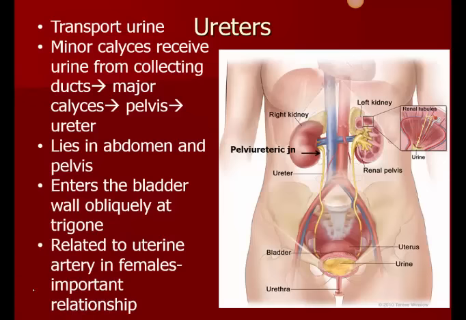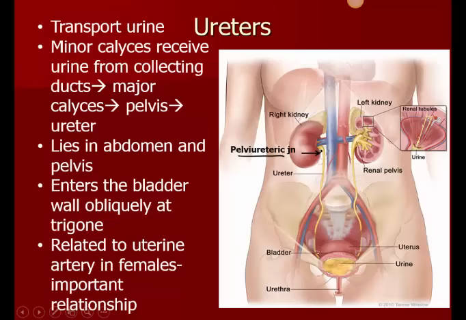So the pelvis has narrowed and become the ureter. Then the ureter lies along the sides of the vertebral column in the abdomen, crosses the common iliac vessel, and then gets into the pelvis. So it's lying in the pelvis as well. And then it passes obliquely into the urinary bladder, and we'll see where it opens.